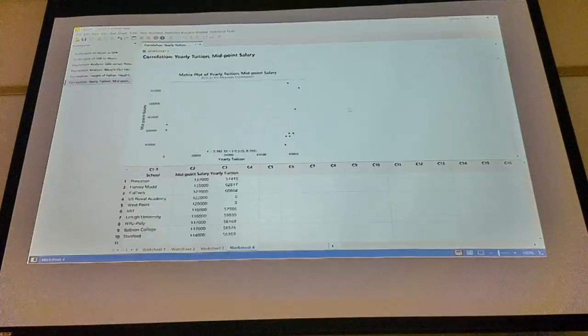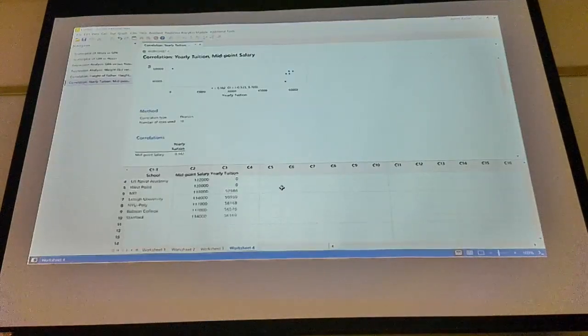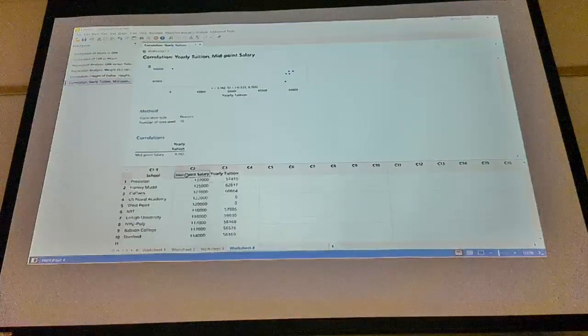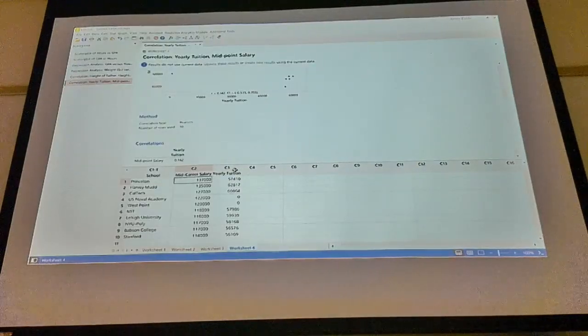I don't know where to get that from. That should have been career salary. It shouldn't matter if I do Y versus X, it should be the exact same.